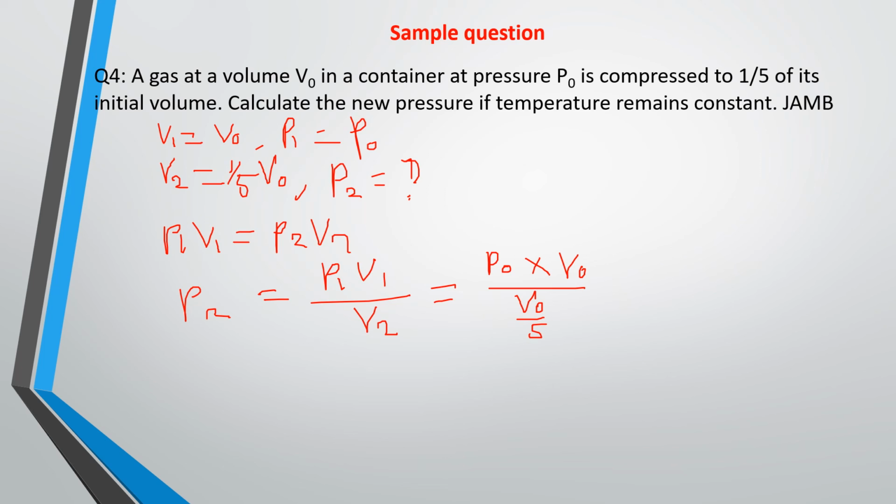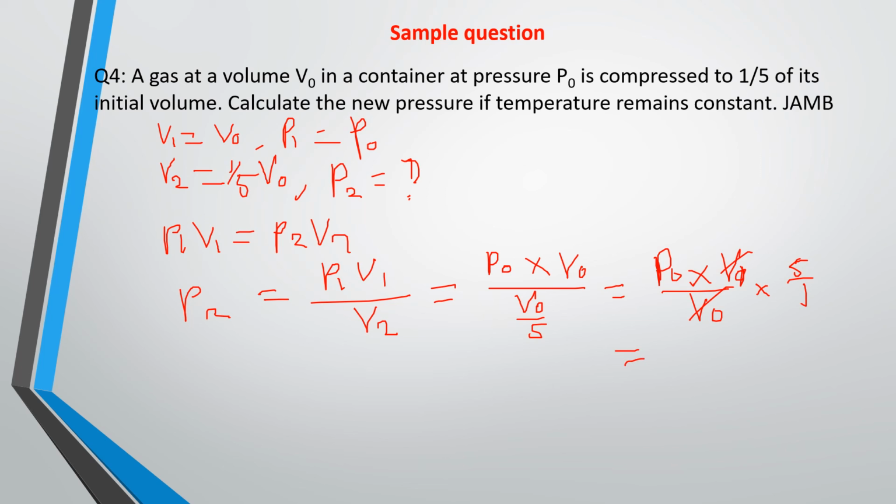So I think this is simple mathematics. This one you can rearrange. If you do rearrangement, you will have P0 multiplied by V0 all over V0 multiplied by 5 all over 1, so that the V0 will cancel out.